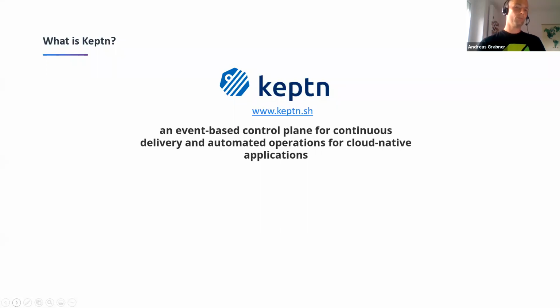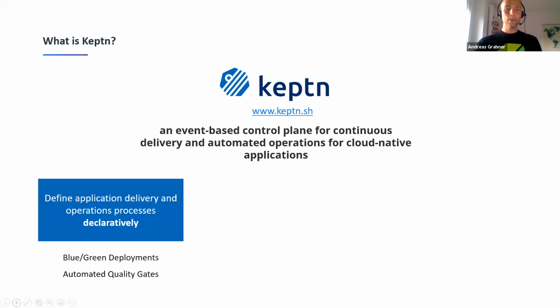In the end, it doesn't matter, right? It's an event-based control plane, but the default use case that we see is for new cloud-native projects where people also want to do delivery. But again, you can bake in whatever tool to do whatever job in whatever way.